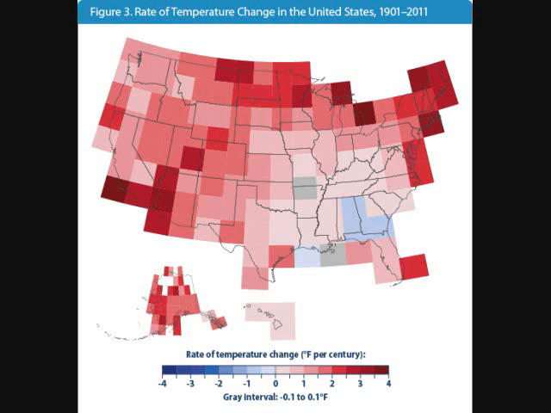This slide shows the change in temperature from 1901 to 2011 by local areas, and red means a large increase in temperature, and blue means a decrease in temperature over that period.